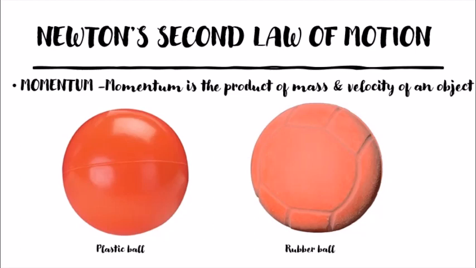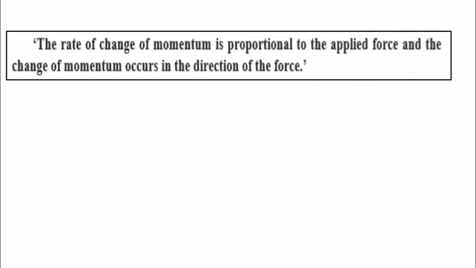Momentum is denoted by the symbol p, and p is equal to mass multiplied by velocity, that is m into v. So, Newton's second law states that the rate of change of momentum is proportional to the applied force, and the change of momentum occurs in the direction of the force.